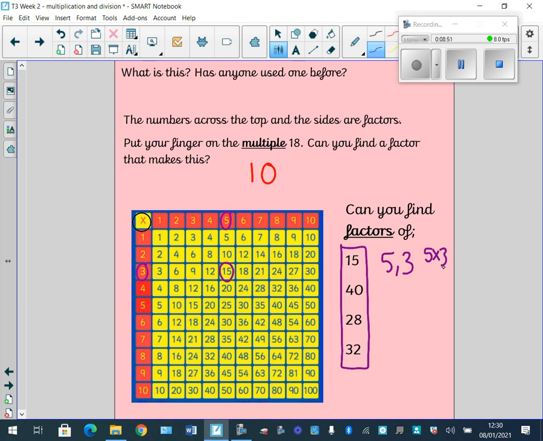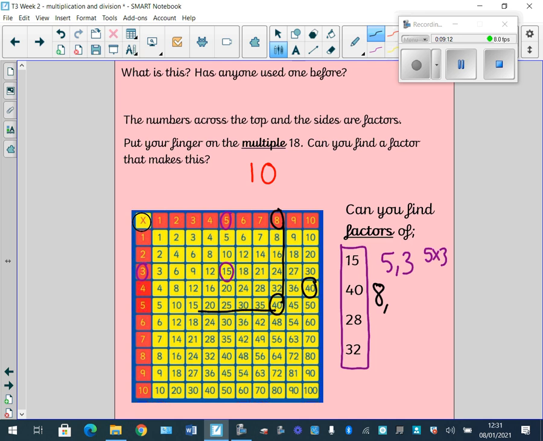Okay, let's have a look at 40. I can see 40 here, I can see a 40 there. Good, so 40 in the middle then. If I go all the way back up to the top, I can see one factor would be 8.